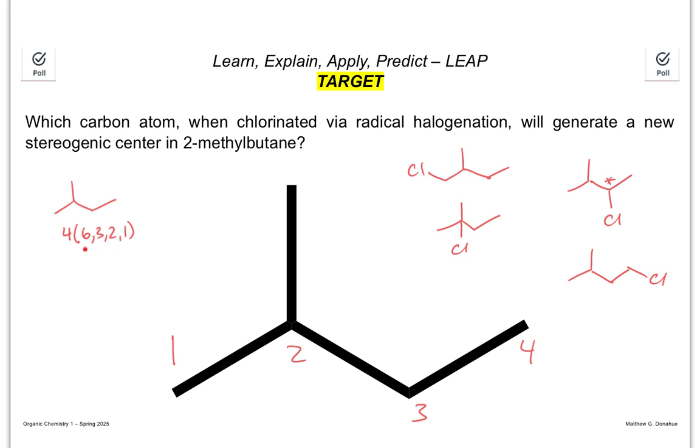So this is our normal way of accounting for uniqueness, right? So 4 unique sets, and then I'm just listing them in descending order of the number. So the 6, the 3 to 2 to 1. So that's that ratio. When we substitute, so I'm gonna put an asterisk by that 2, because that's where we're going to substitute.